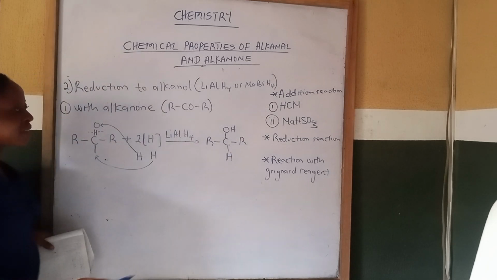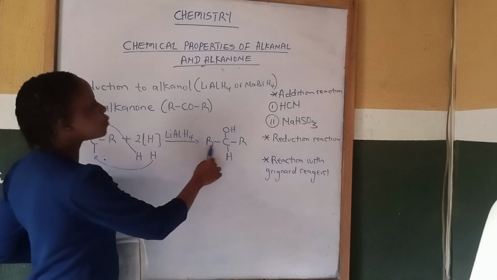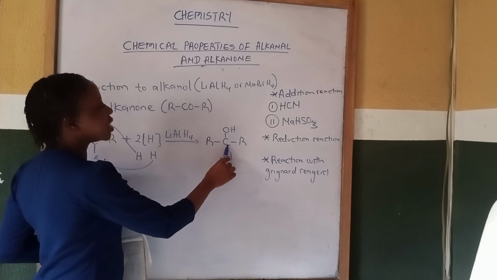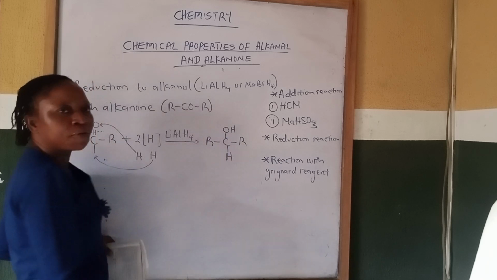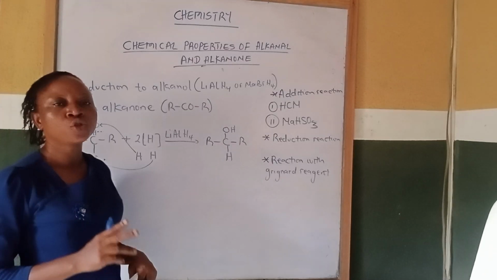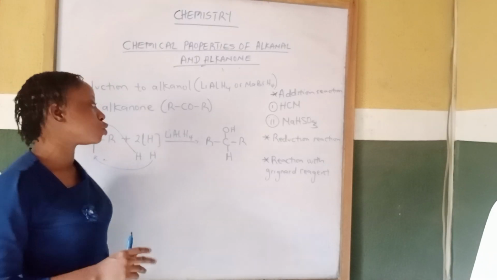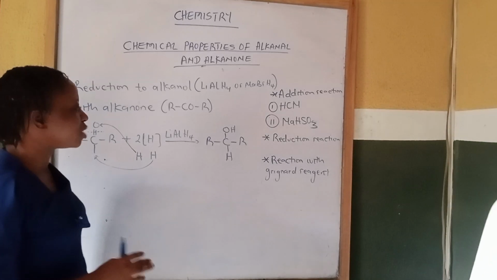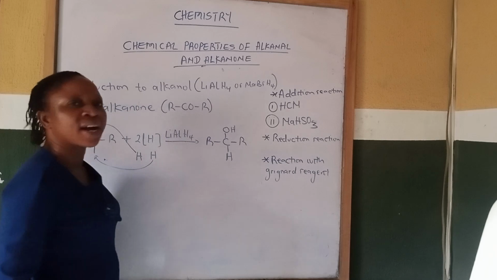So if you look at this structure now, we have two alkyl groups bonded to the carbon atom holding our functional group. And when two alkyl groups are bonded to the carbon atom holding your functional group, you call this a secondary alkanol. So therefore, a secondary alkanol is formed.